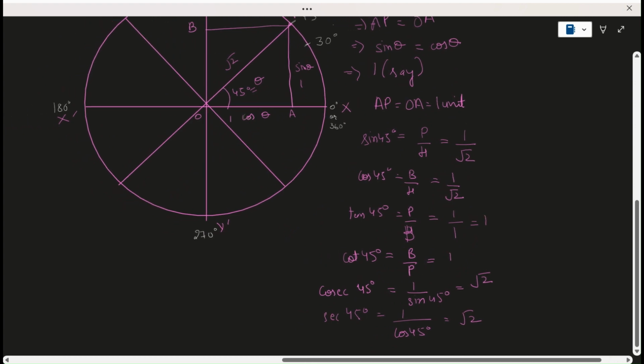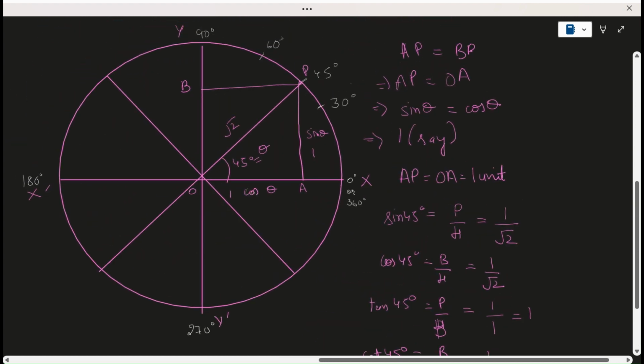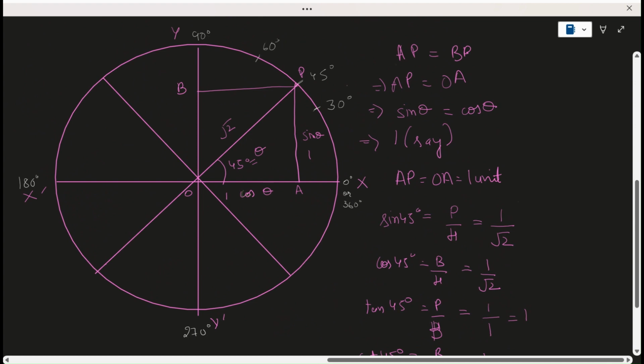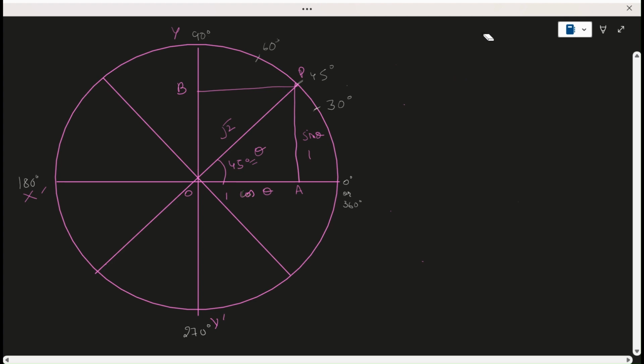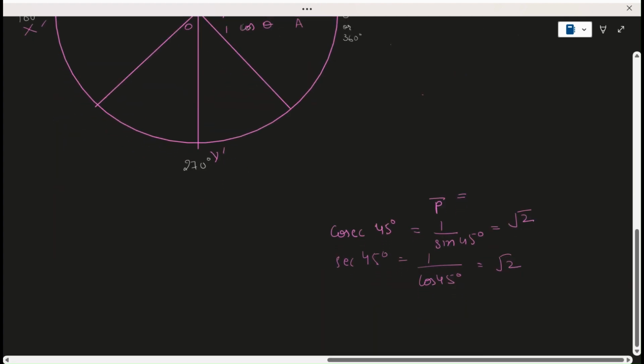Let us now move to our second calculation for 30 degree. I'll quickly remove the unrequired content.